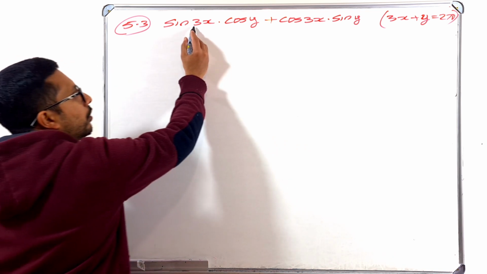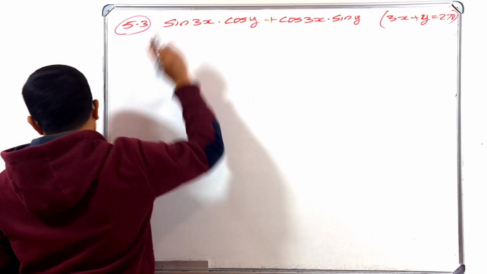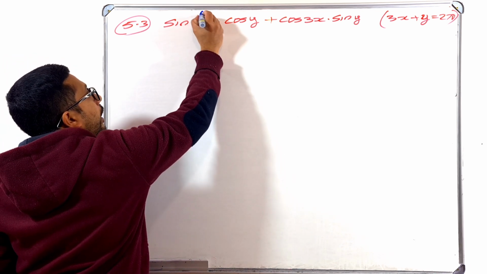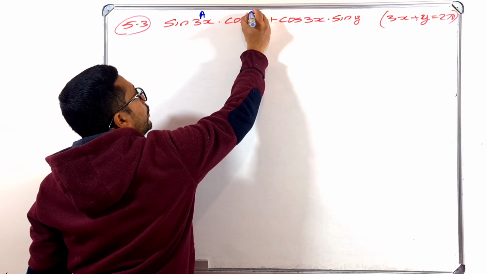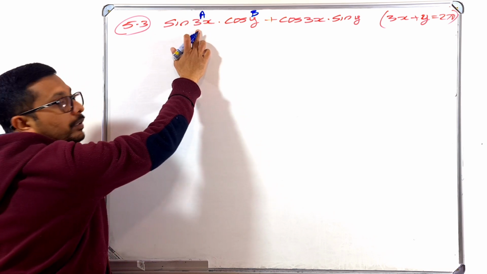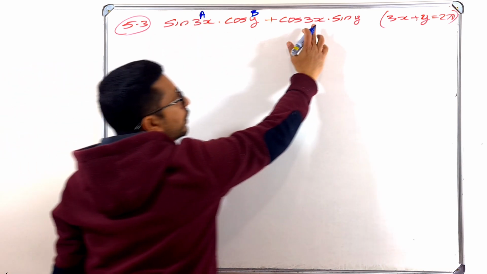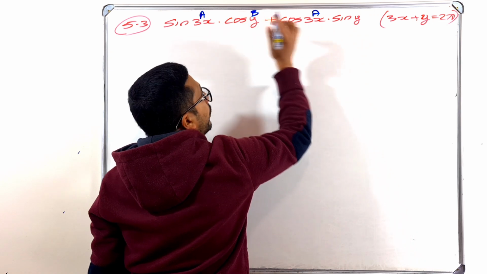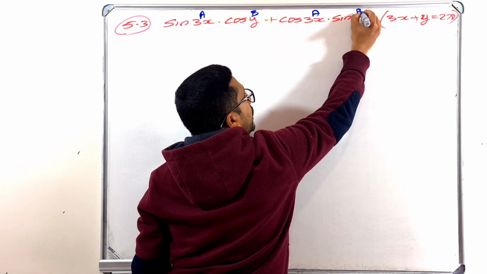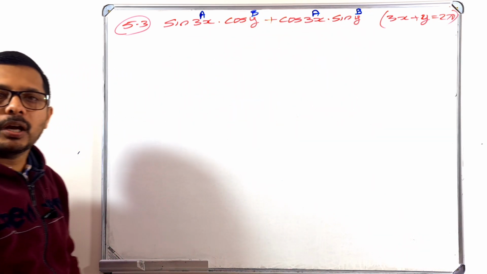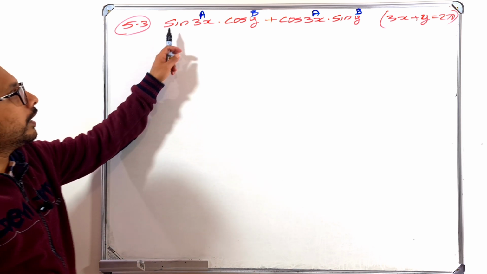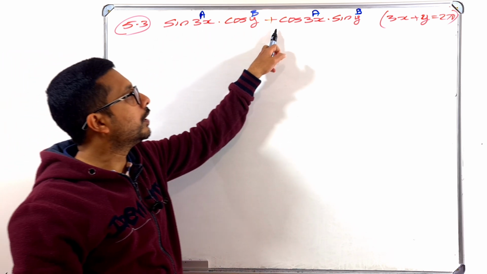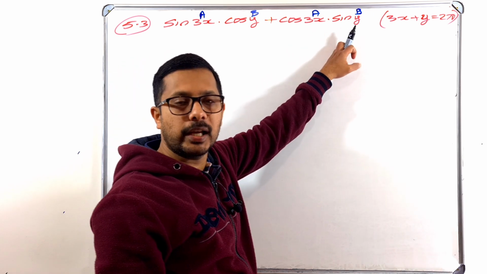Instead of this 3x, if I call it a, and this y I call b, can you read it with a and b? Sine a cos b plus cos a sine b.